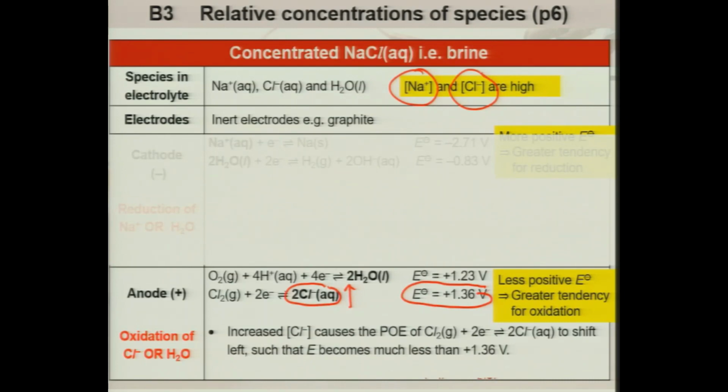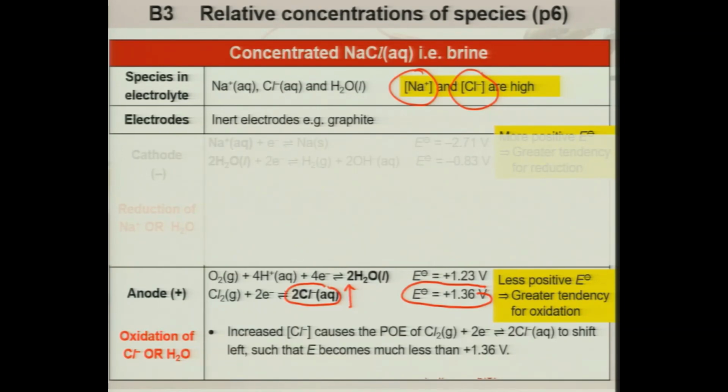What will happen to the reduction potential value? Become more positive or less positive? If I increase my chloride concentration, equilibrium shifts to the left, my E value will become more positive or less positive? Less. Good. It becomes less positive.